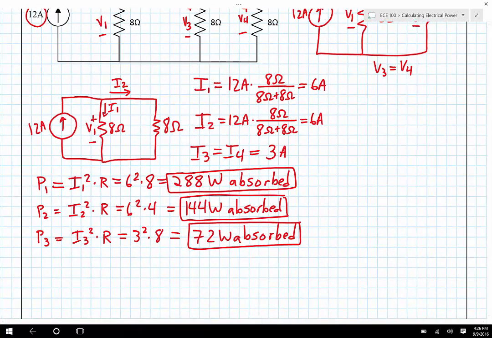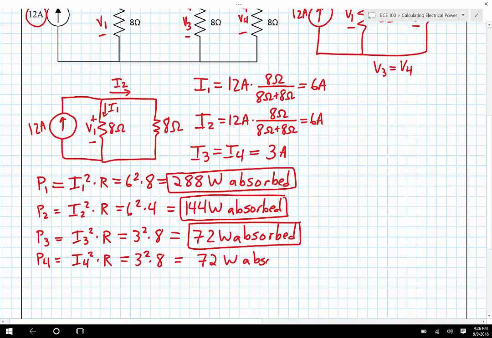And then similarly, P4 is going to be I4 squared times R, which is, again, 3 squared times 8, which is, again, 72 watts absorbed.